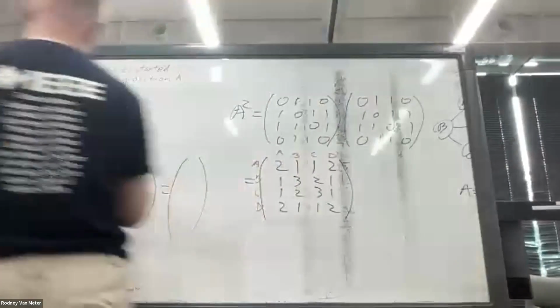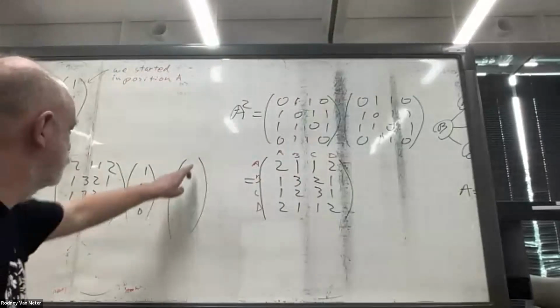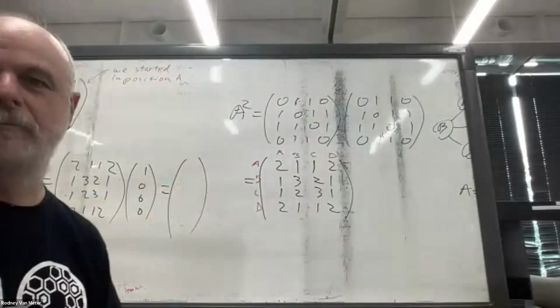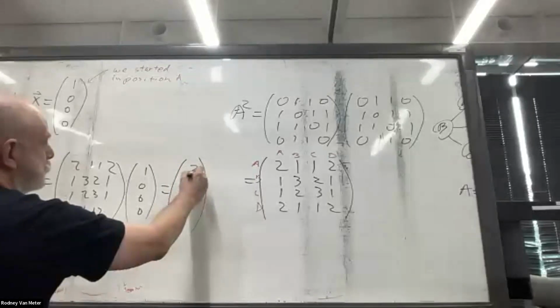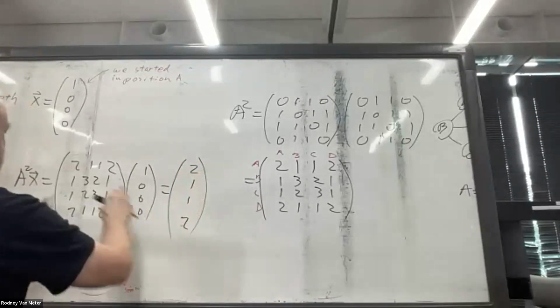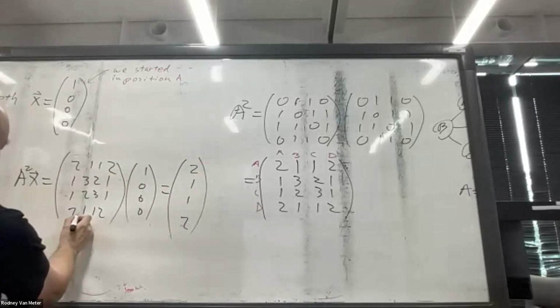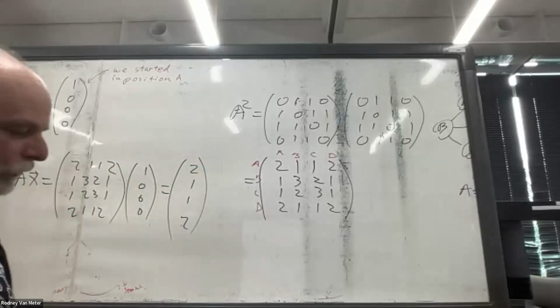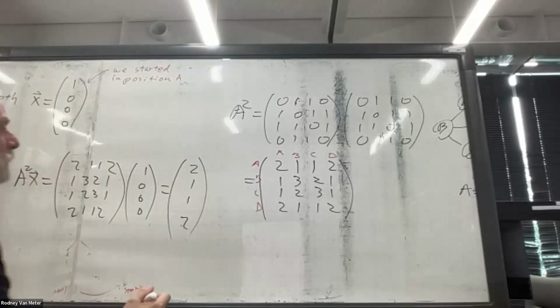Oh, yeah, right. Sorry, that's correct. This is A squared. What are the 4 entries that should go in this vector? 2, 1, 1, 2. Bingo, 2, 1, 1, 2.